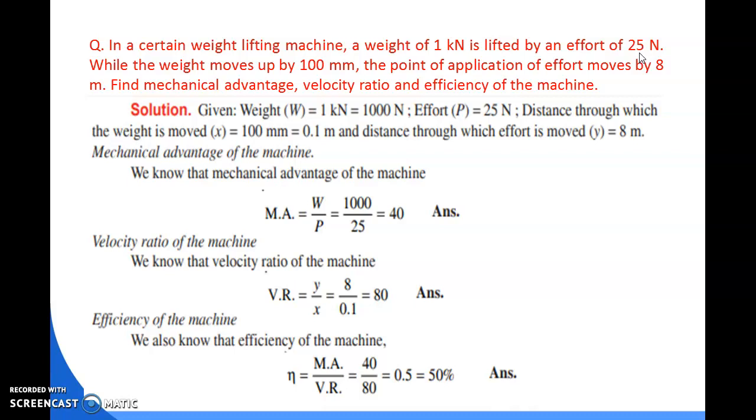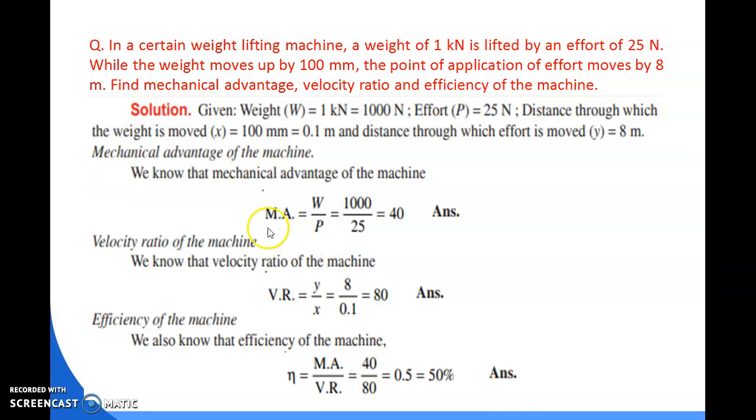Now the distance through which the weight is moved, that is the value of x, is given as 100 mm, and we have to convert this 100 mm into meter. So 100 mm is equal to 0.1 meter. Then the distance through which effort load is moved, which is y, is equal to 8 meter, which is given in the question. So now we can find out the value of MA, VR and the efficiency.